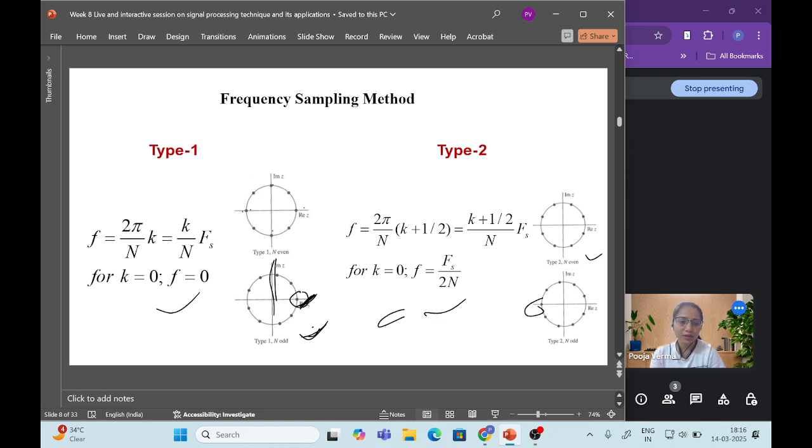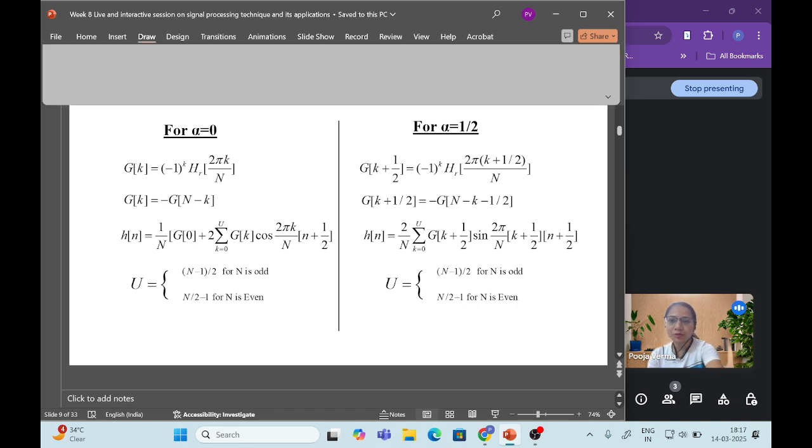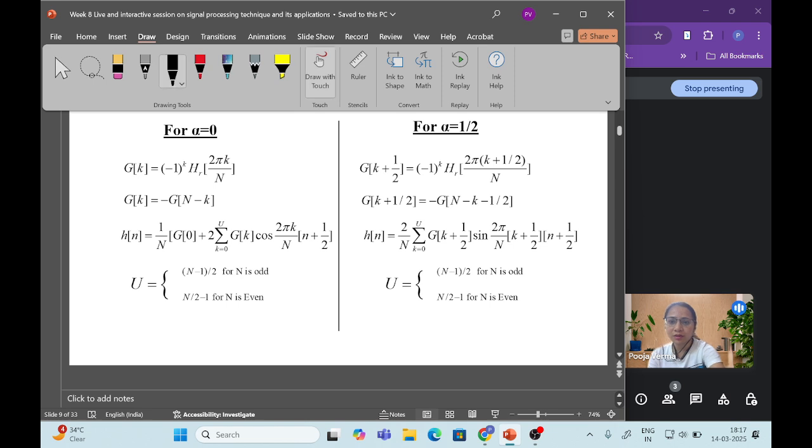We will use them. Now symmetric, for alpha equal to 0 and alpha equal to 1 by 2, these are the equations where g k is equal to minus 1 to the power k, H r of 2 pi k divided by N. We will solve some problems based on that.